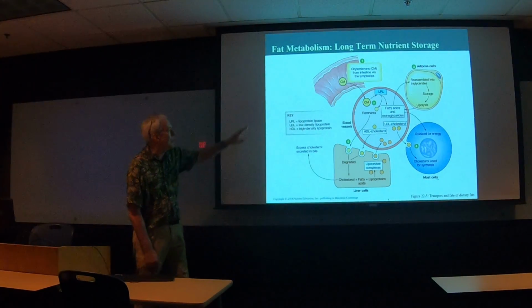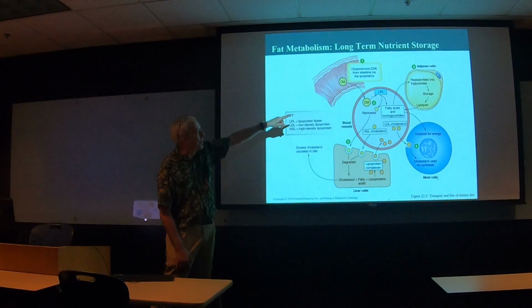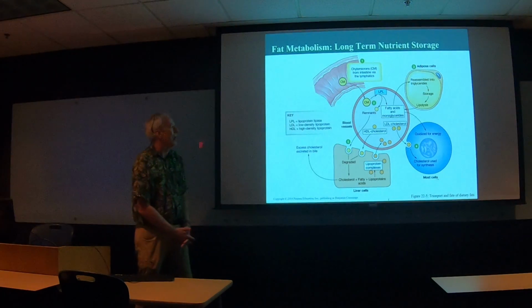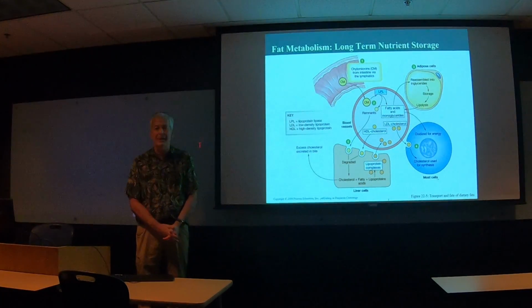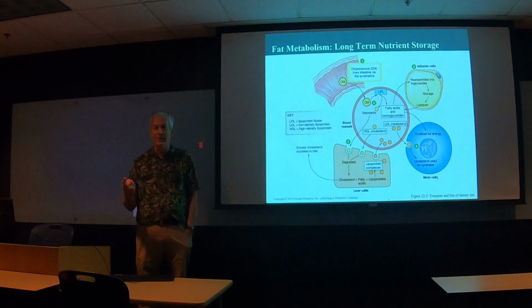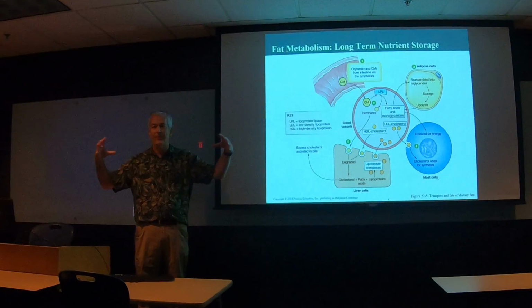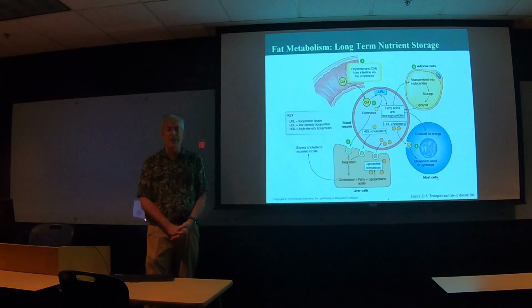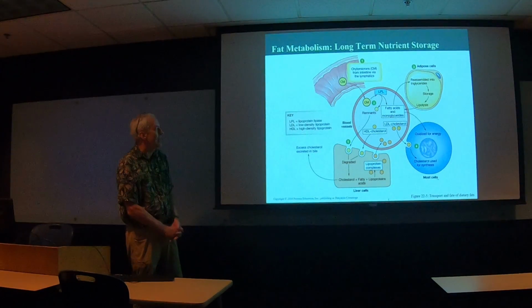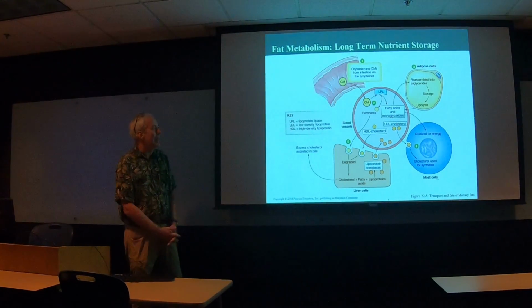So you see there you have chylomicrons that are produced in the intestine. So what do chylomicrons contain? They contain triglyceride, they contain cholesterol esters, some free cholesterol, but they're very large particles, much larger than either VLDL or LDL, and they then enter into the circulation in the venous system.